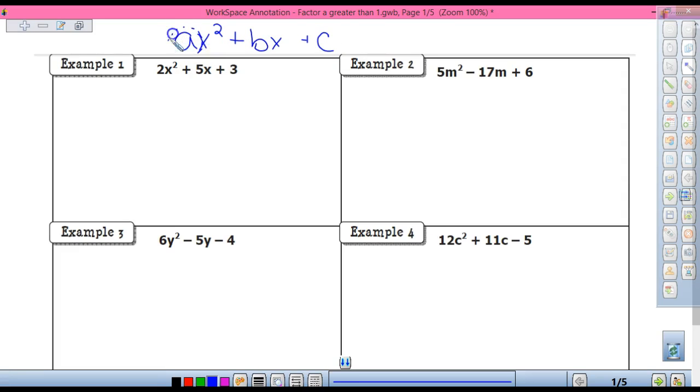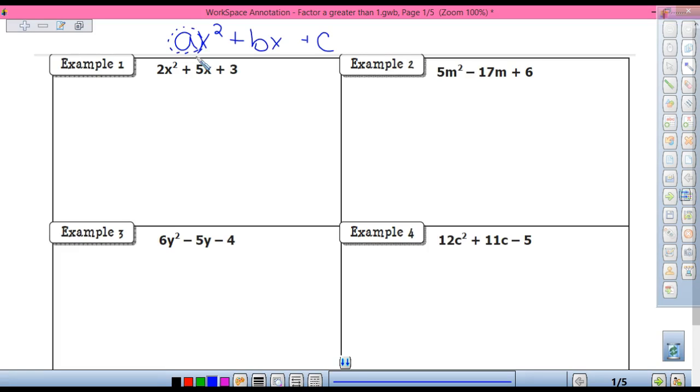And now our a, we've been used to just a being what number? What number has a been in all the ones that we factored so far? 1, yeah. Because there hasn't been anything out in front of it, so it's just been a 1. So now all the ones that we're going to do are going to have an a value of greater than 1. So it's going to be something out in front of the x squared. Okay?